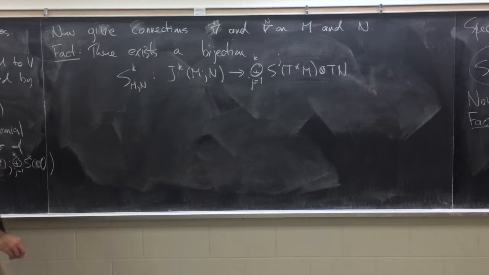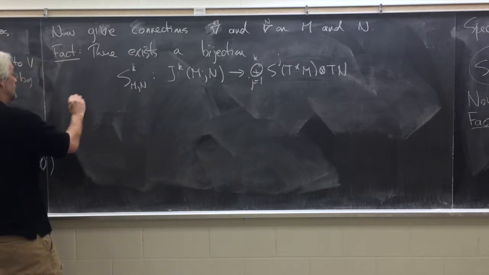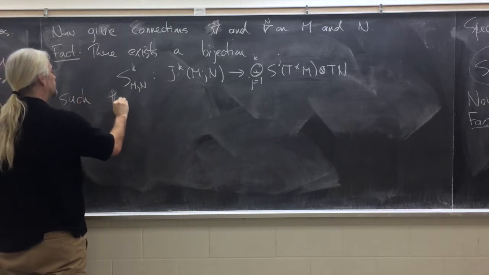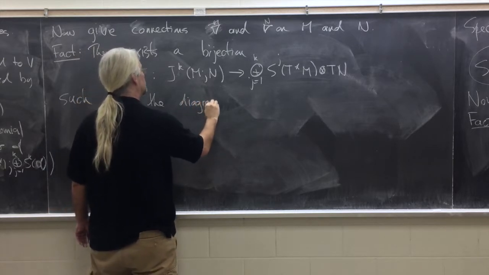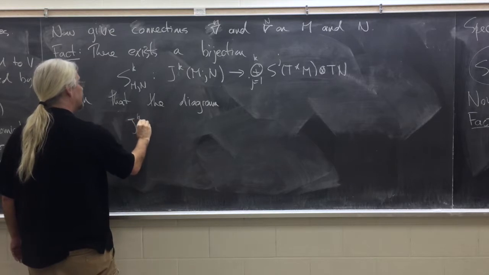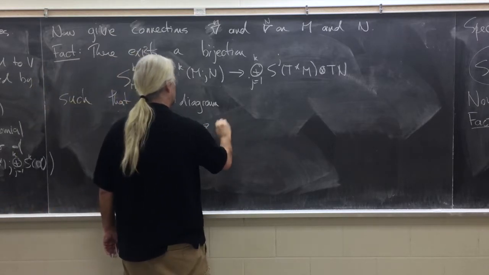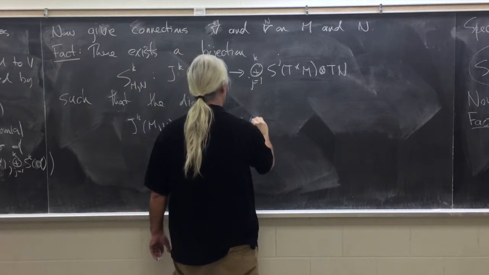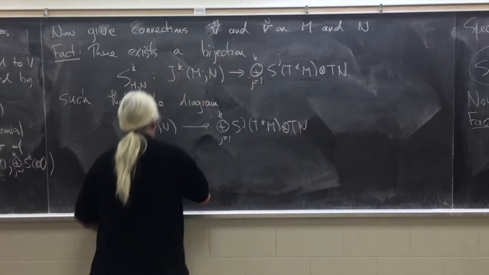And so you have the natural commuting diagram. I'll draw it quickly. So J^k M N.